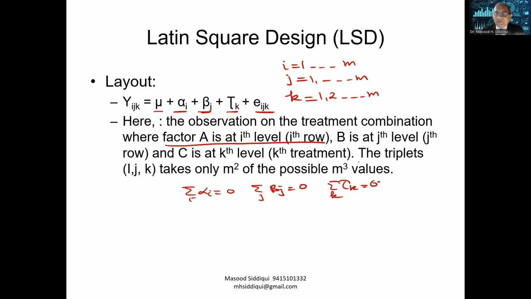And since this is an incomplete layout, the triplet ijk takes only m square values instead of the possible m cube values. So that's why this is known as an incomplete three-way layout.